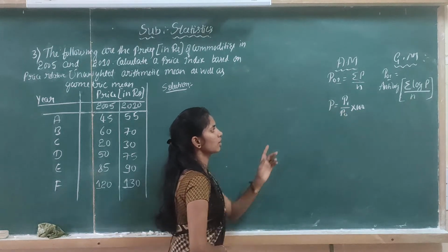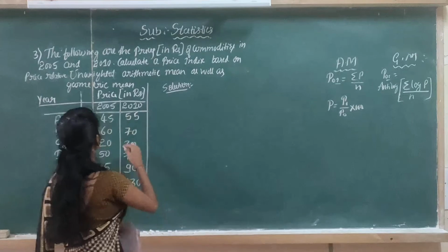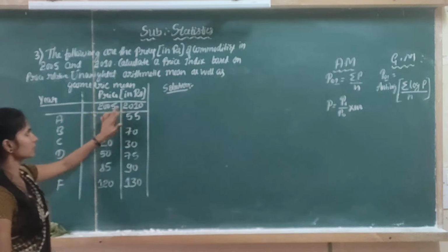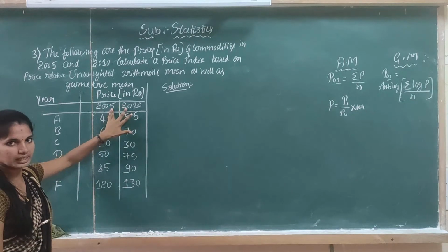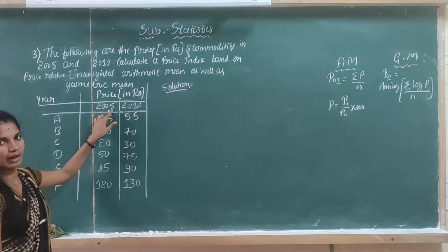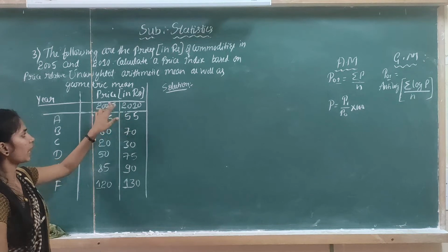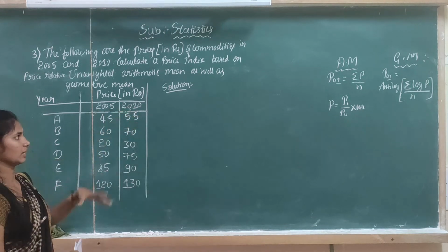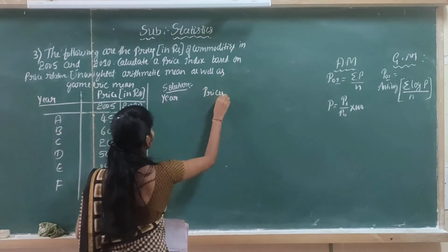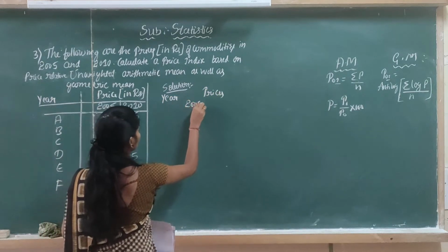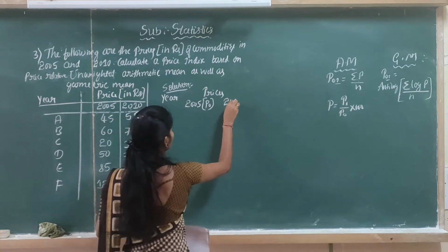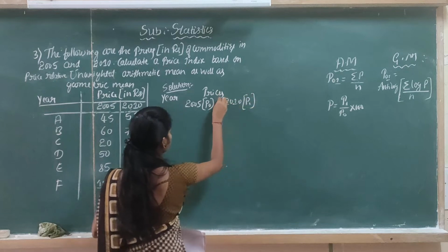first you find the base year and the current year price. In this problem we compare these two values, 2005 and 2010. Comparing these, 2005 is the base year, the lesser value, and the remaining 2010 is the current year. So 2005 is the base year, that is P0, and 2010 is the current year, that is P1.